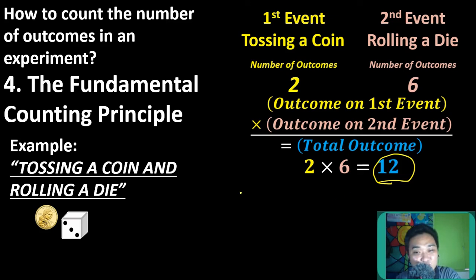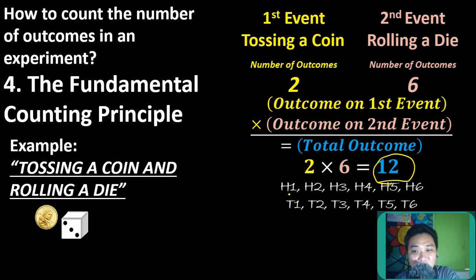Yun. So those are head tapos 1, head 2, head 3, head 4, head 5, and head 6. As well as tail 1, tail 2, tail 3, tail 4, tail 5, and tail 6. Now, baka magtanong kayo, hindi ba po pwedeng mauna yung number? Kunyari gawin natin 1H, 2H, 3H, 4H.